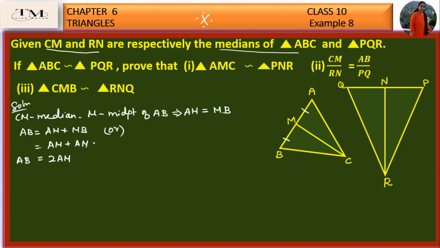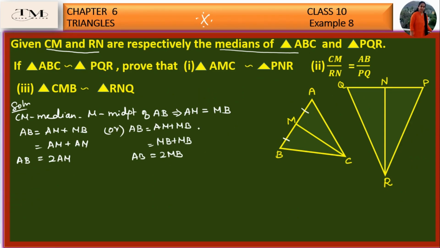Or, AB is equal to AM plus MB, and as they are equal, instead of AM we can write MB. So MB plus MB, which is equal to 2 times MB. So AB will be equal to 2 times AM or 2 times MB. Just remember this.